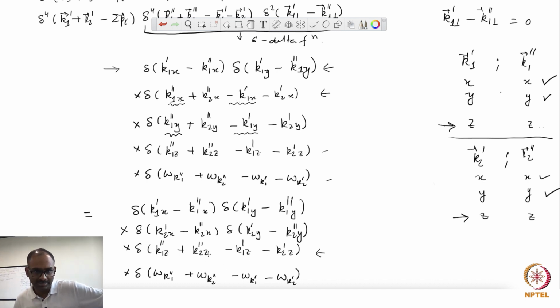But then there is another possibility: k1 double prime z is equal to k2 prime z and k2 double prime z is equal to k1 prime z, and even then it will click. So what I will do instead is first look at this delta function, and then we will come to the second last delta function. So that's the idea.